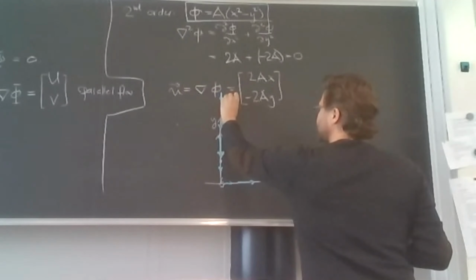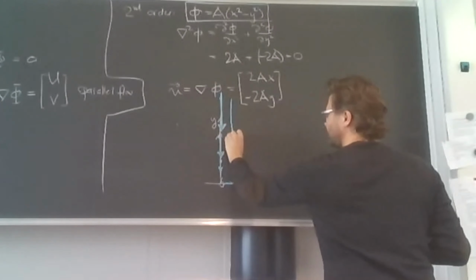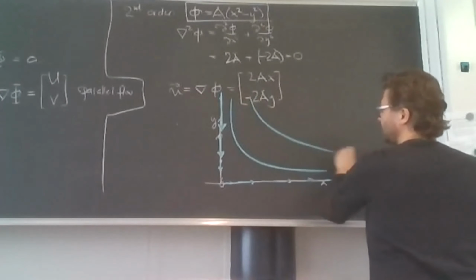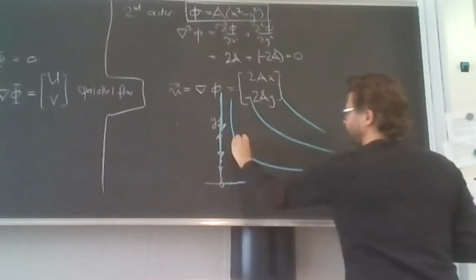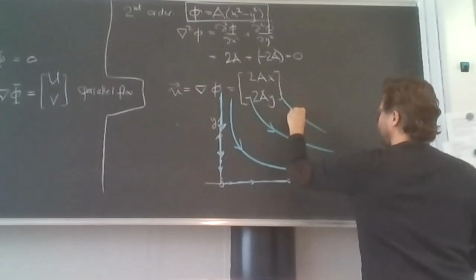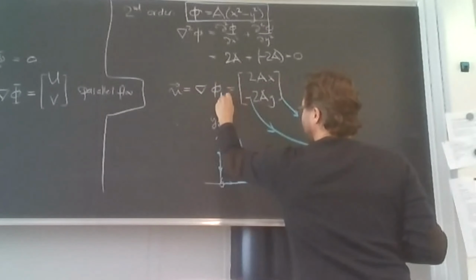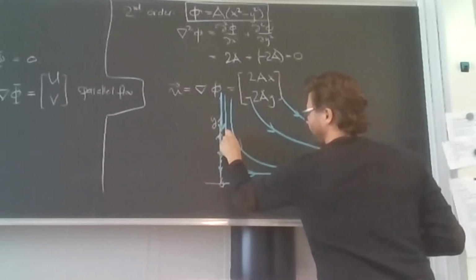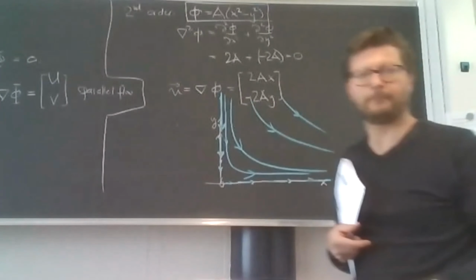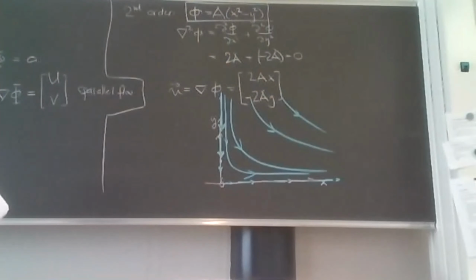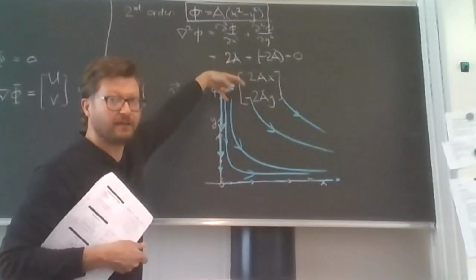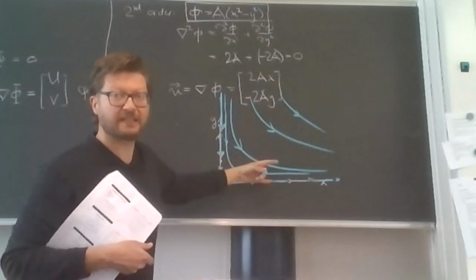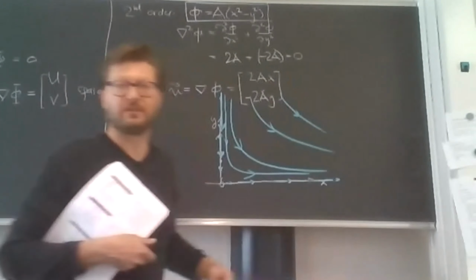And if we continue doing that, we'll see that we have velocities or streamlines which actually look like that. We have velocities which are high, far away, go down, get slower and slower toward the origin, and then accelerate again as we go out.